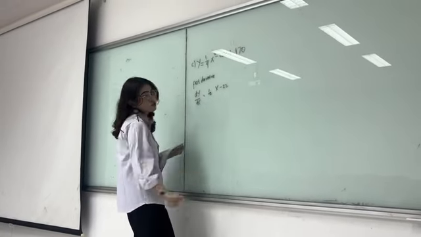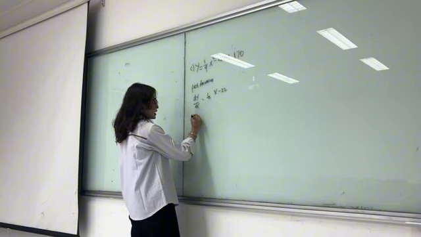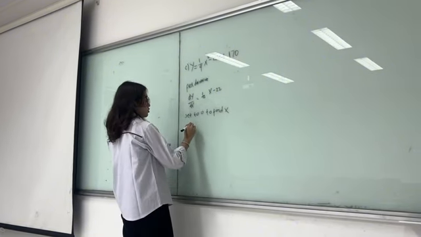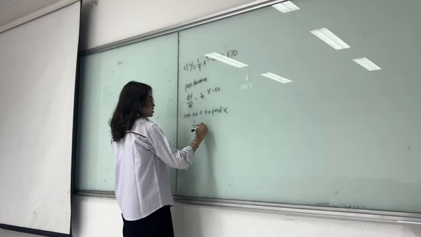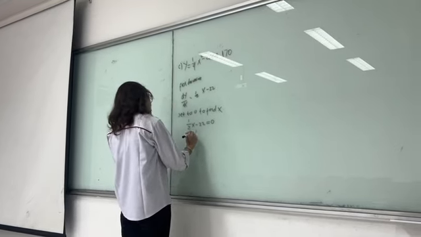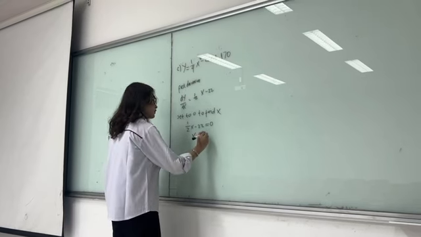So of course we have to set it to 0 to find x. So 1 over 2 x minus 22 equals 0. We got x is 44.